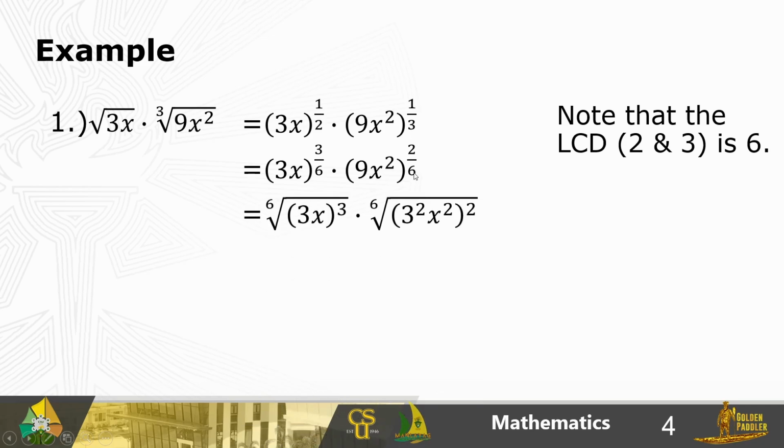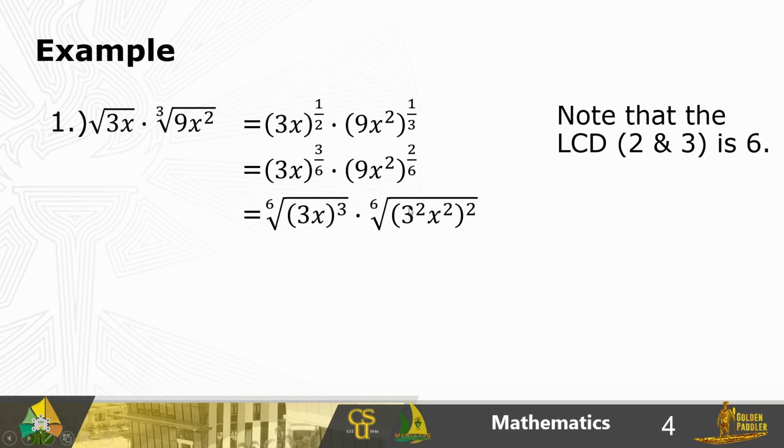Now we can also go back to this expression in radical form, which is the 6th root of the quantity 3x to the cube. Meaning, the denominator of our fractions is our index and the numerator is our exponent in the radicand.